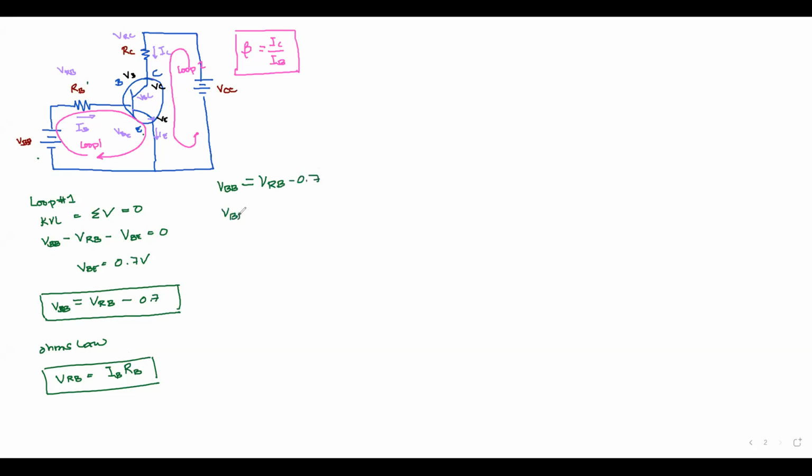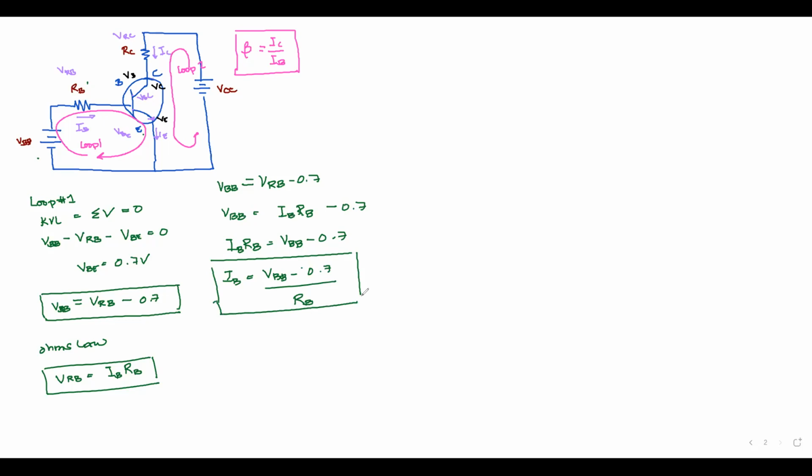So VBB minus 0.7 is equal to I sub B R sub B, or I sub B is equal to VBB minus 0.7 divided by R sub B. So this is now my first current. Now I have my I sub B.